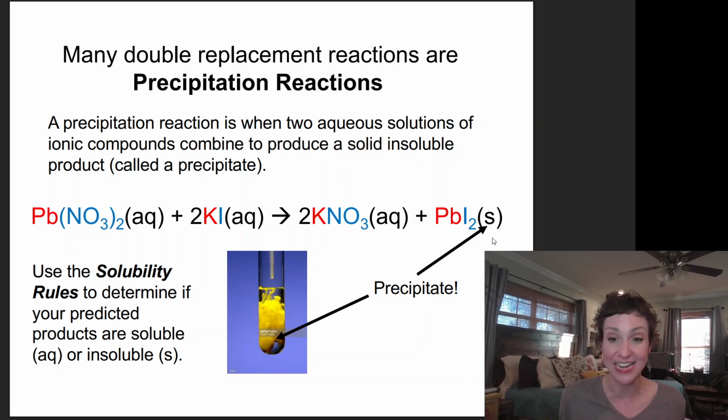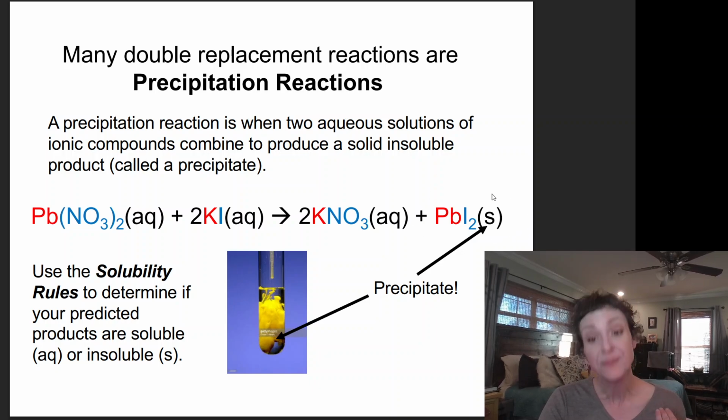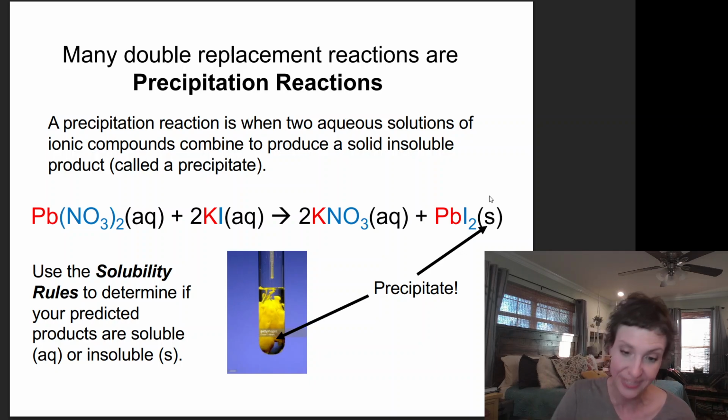And the cool thing is a lot of times these precipitates make really, really bright, cool colors, which is super exciting. Now, I can figure out if an ionic compound is insoluble or it wants to form a solid, a precipitate, because there's a list of solubility rules ranking these ionic compounds in terms of their solubilities, which we will practice using when we have our lesson on double replacement reactions.